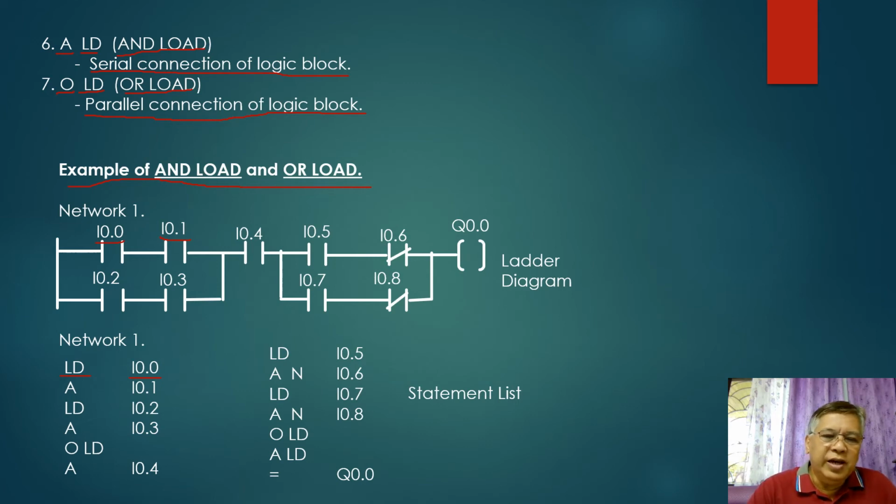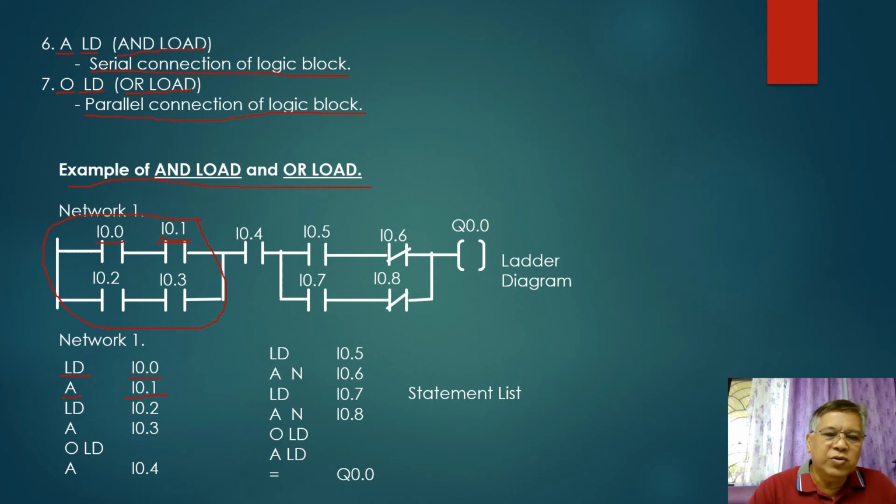Then since I 0.1 is connected in series with I 0.0, our next command is A, meaning AND I 0.1.